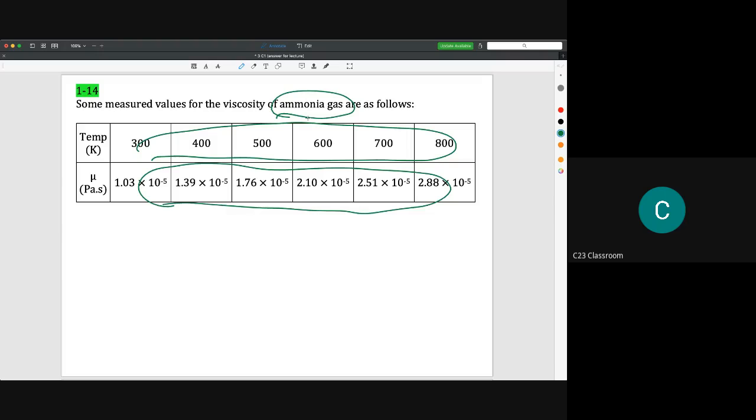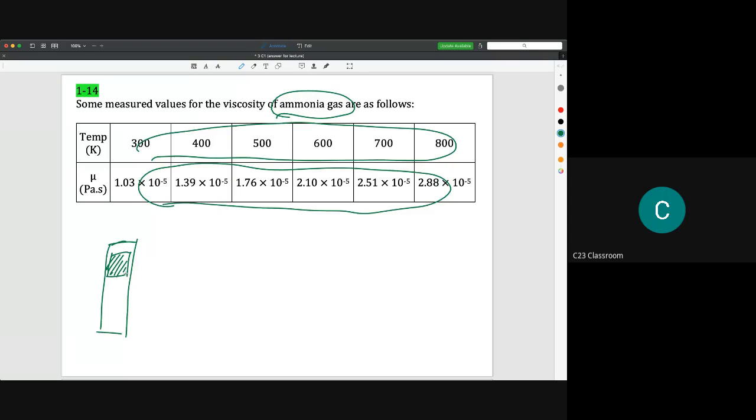you could find, let's say Google is the fastest. If you Google it, you will find there is actually a device to measure the viscosity of gas. There are a lot of methods. One of them is we put the gas, in controlled temperature, inside a tube like this, and then we have a small object here.